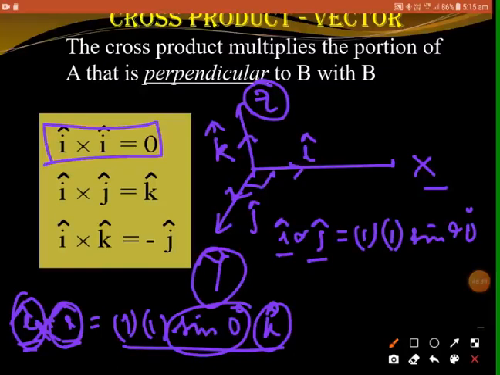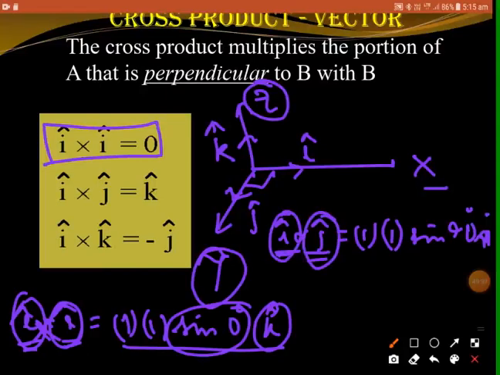I told you that n cap will be in the direction perpendicular to the plane containing both x and y, right? So a line perpendicular to the x-axis and y-axis will be what?